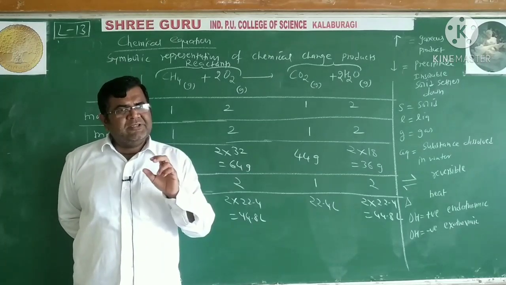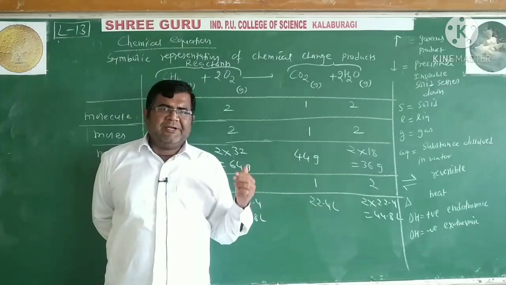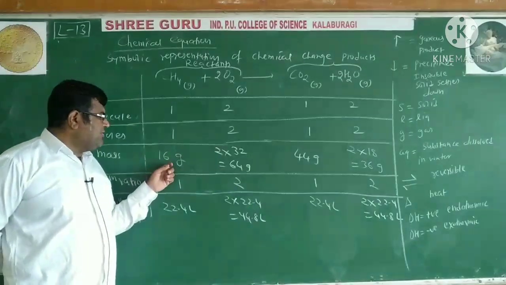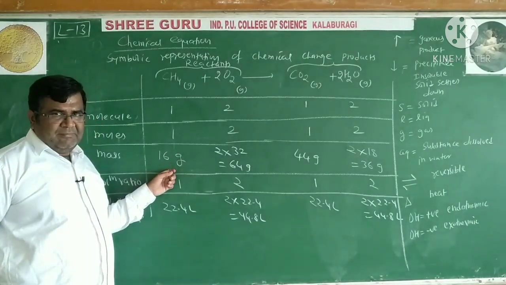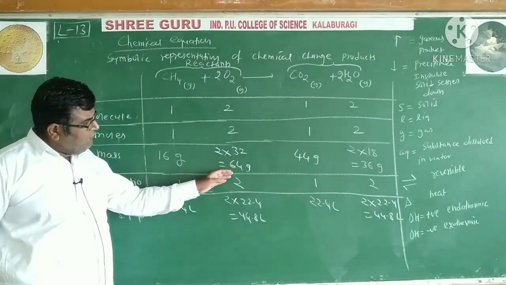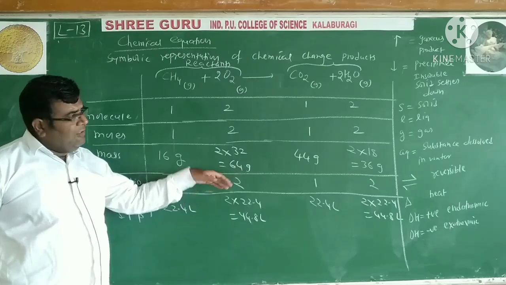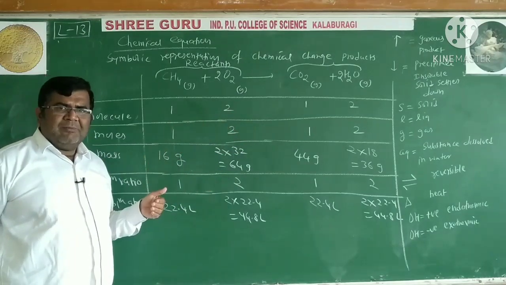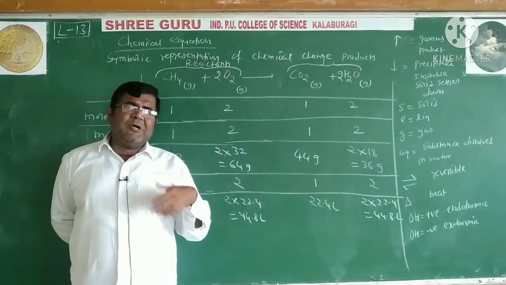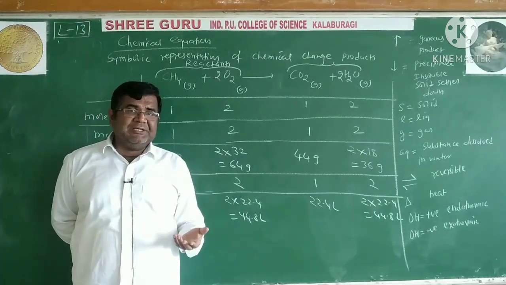It gives only the theoretical part. In the practical part, instead of this 16 gram, if we take 8 gram, it means we are taking half of it. But if we take 64 gram only, then how much CO2 and H2 is formed? That is the thing which we have to calculate numerically.